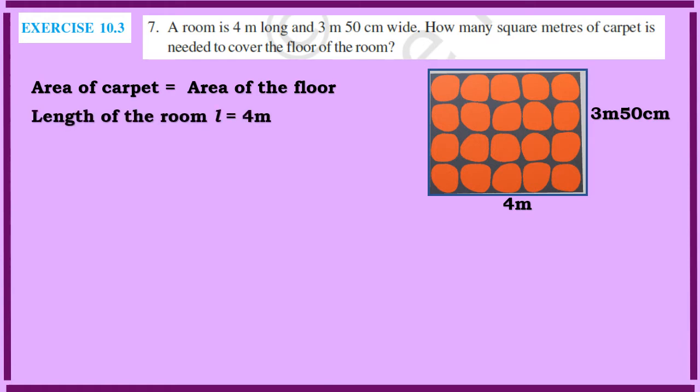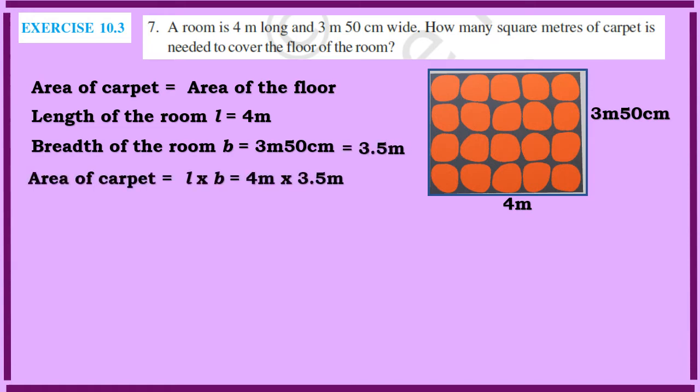So length of the room is 4 meter and breadth is 3 meter 50 centimeter. So we have to convert that into either centimeter or meter. But the question asks how many square meter. That means we have to convert this into meter. So 3 meter 50 centimeter is how many meter? 3.5 meter. Now we have to find the area.